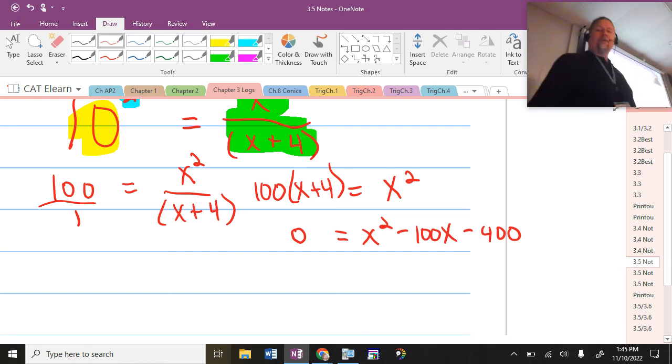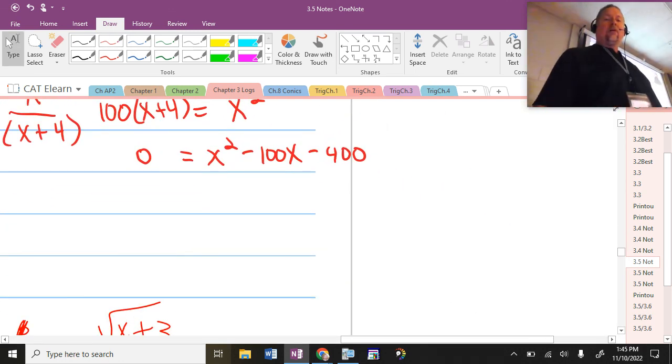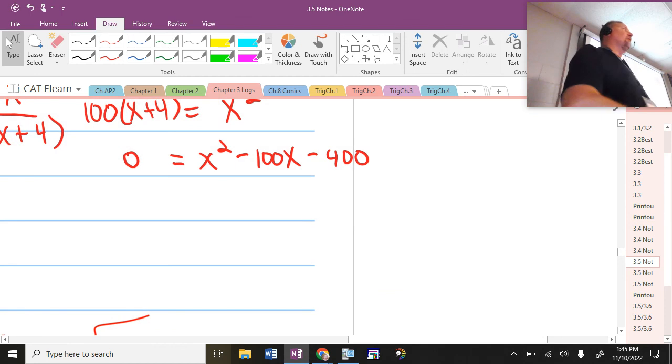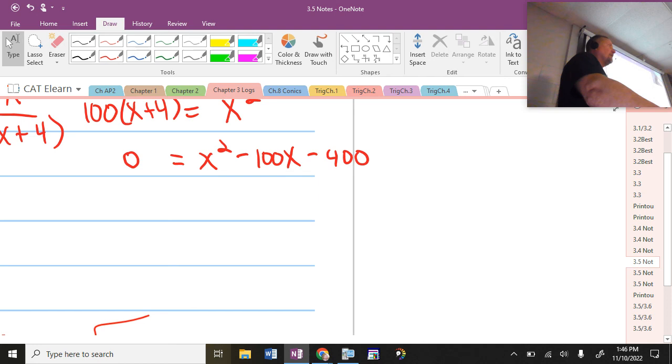And then, oh no, does anything multiply to be negative 400 and then the same 2 numbers add to be negative 100? Do you think there is? Fumble. Let's just try the quadratic formula then.